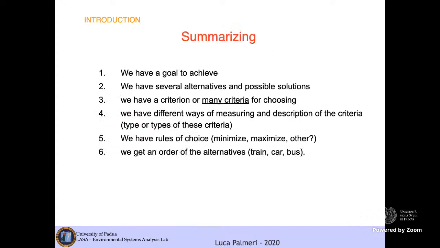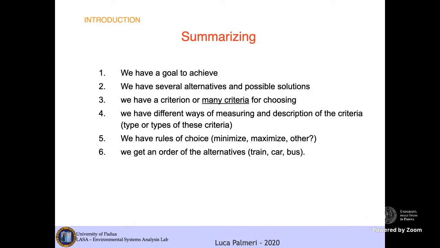We have a goal to achieve, we have several alternatives and possible solutions. We have a criterion, or maybe many criteria, for choosing. We have different ways of measuring and describing the criteria, the type or types of these criteria. We have rules of choice: minimize, maximize, optimize, or others. We get an order of the alternatives: train, car, bus.